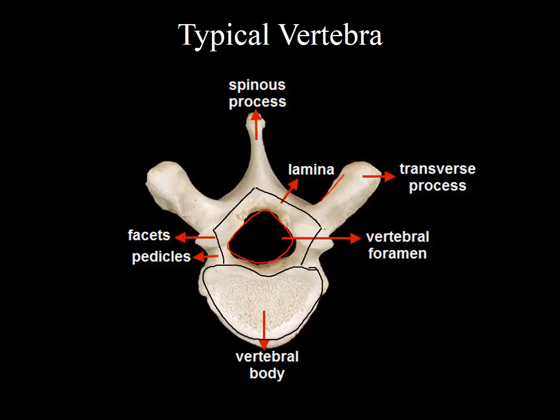And we'll see that it has two outward sticking pieces, and the word used to describe things that move off to the side or outward is transverse or lateral. So we'll use the word transverse process here. And then at the very back, we're going to have this sticky outy piece that we can feel when we get a back rub or get somebody to touch our backs, and that's called the spinous process.